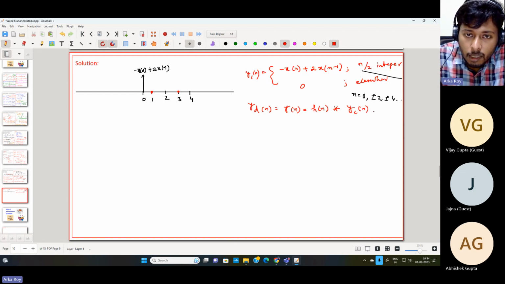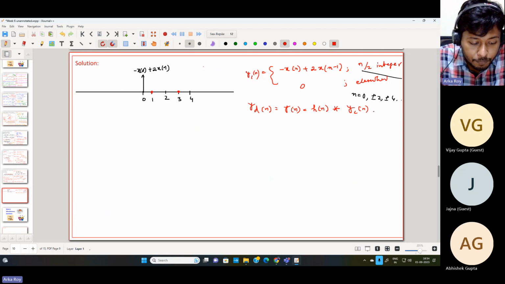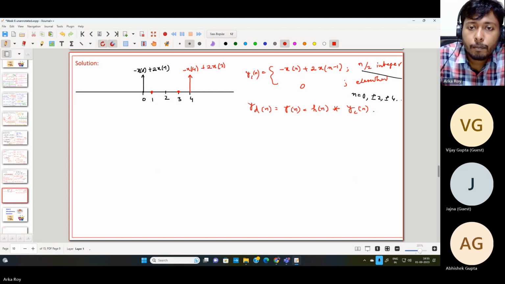So at the fourth location, the output will be minus x of 4 plus 2 into x of 3.